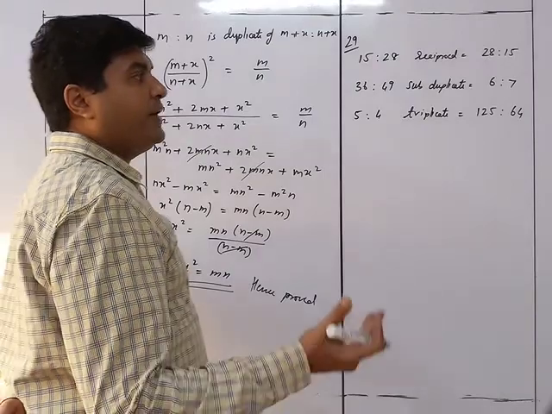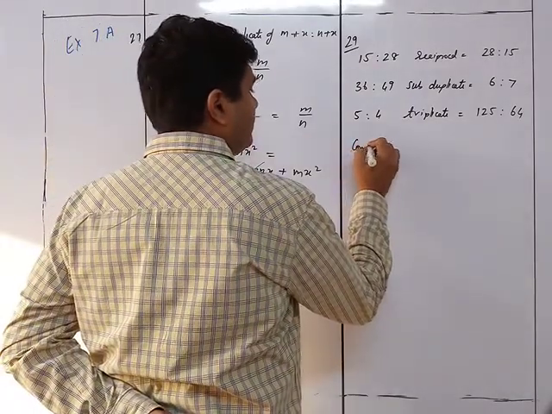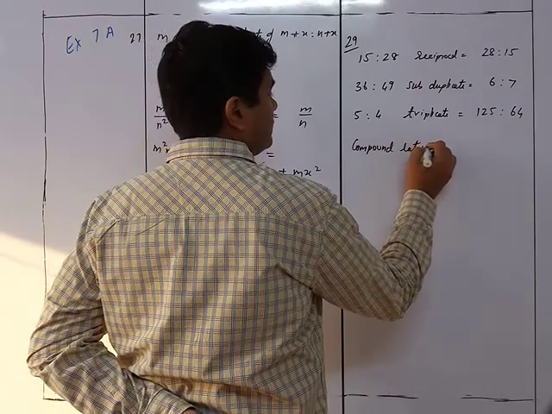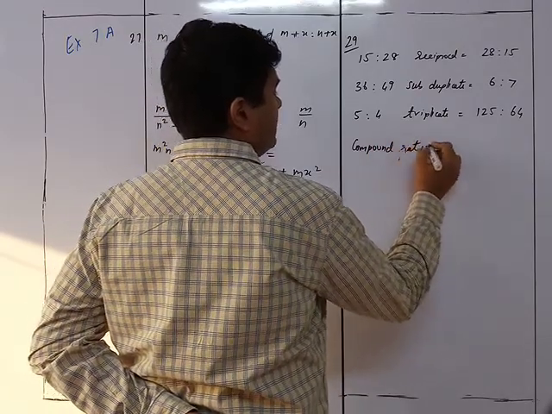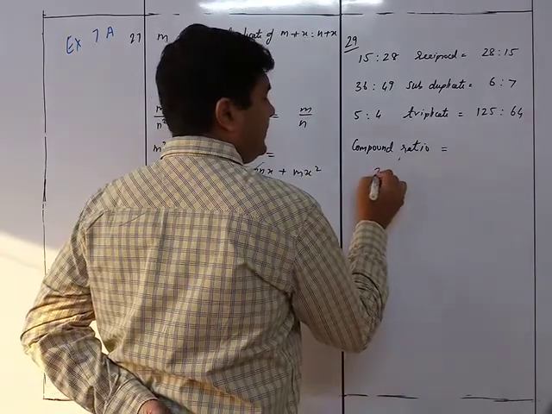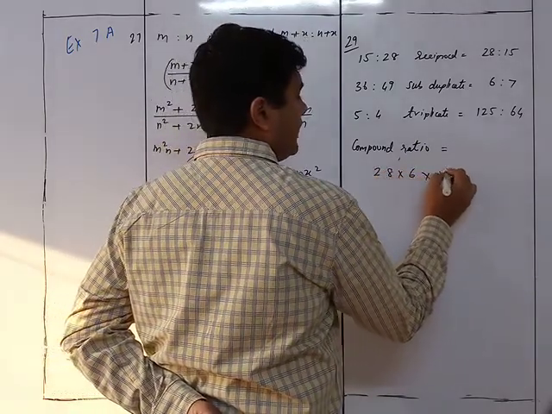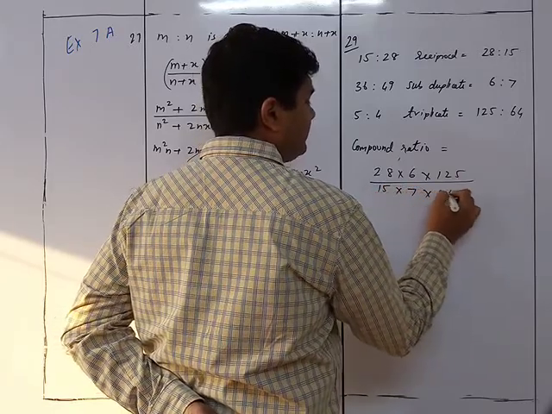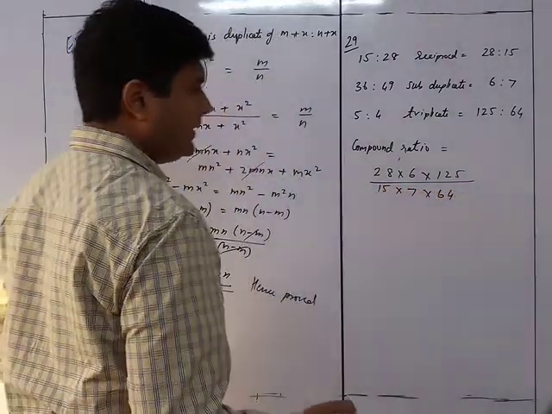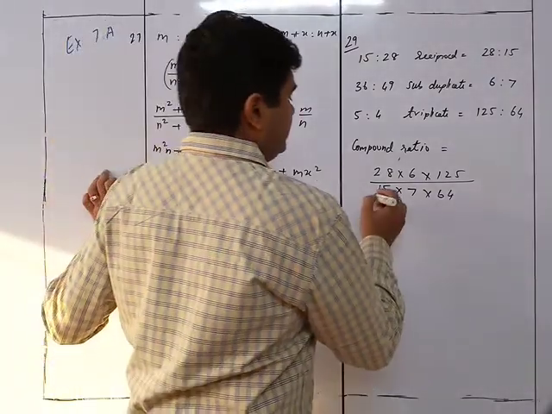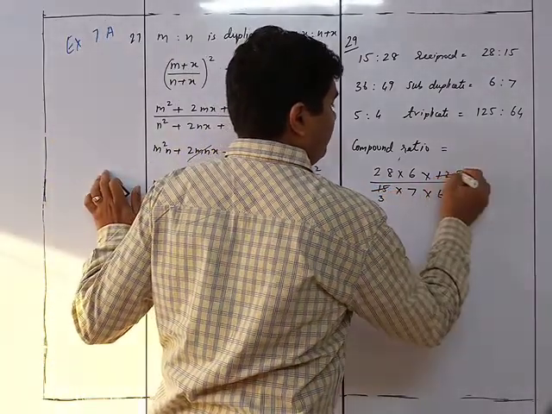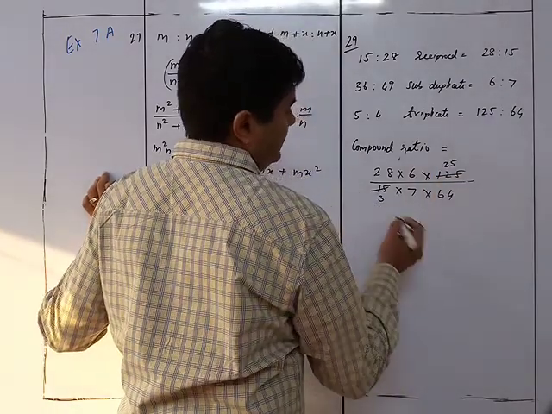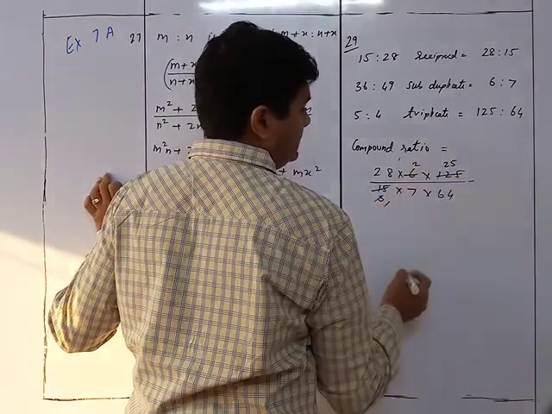Right? Now you need to find the compound of this. So compound ratio is equal to 28 into 6 into 125 upon 15 into 7 into 64. Right? Cancellation: 5 3s are 15, 5 25s are 125. Then 3 1s are 3, 3 2s are 6.